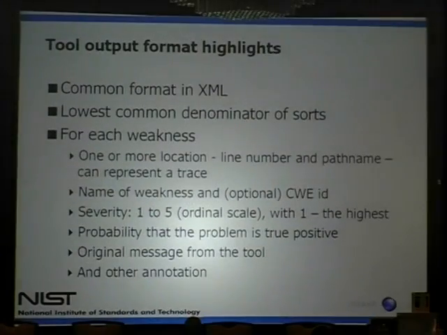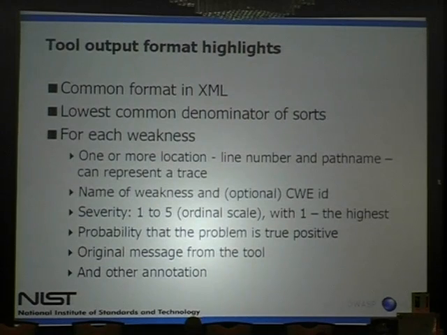In order to do the study, we had to have some common format. So we produced a sort of lowest common denominator of the tools that we looked at. Of course, for each weakness, the tool has to report one or more locations. If it's just one location, then it's that. Otherwise, it could represent a trace in the program.